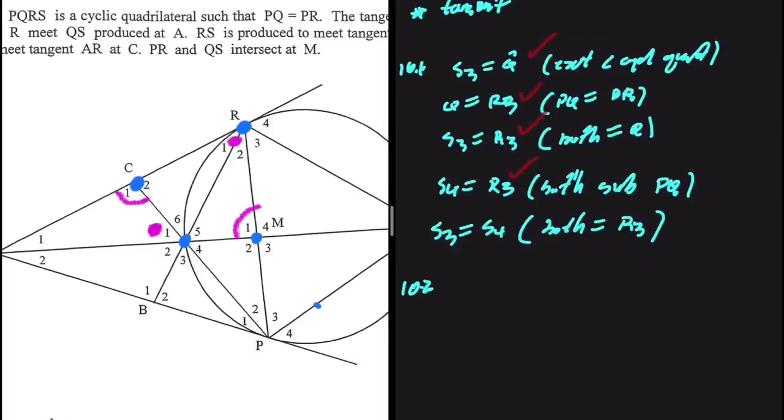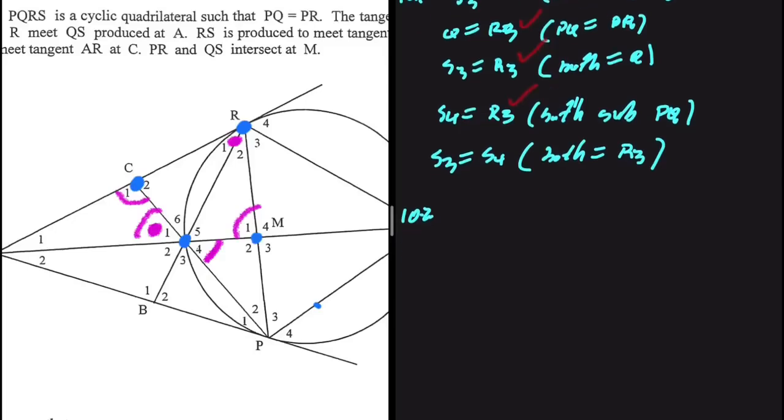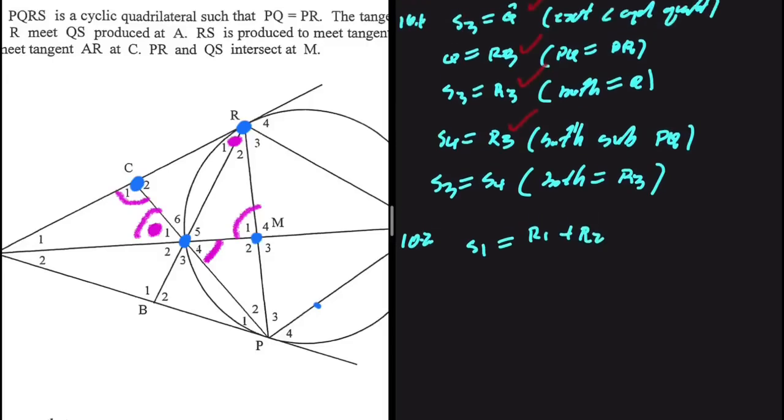I'm realizing that S4 is equal to S1. And in the question above, we've talked about S4. So why not try to prove that S1 is equal to R1 plus R2? Because we can just carry on from what we've been doing from 10.1. We don't have to necessarily start anything new.